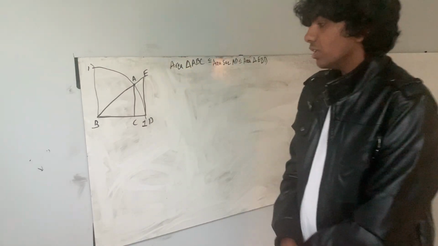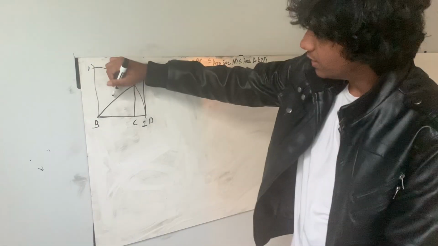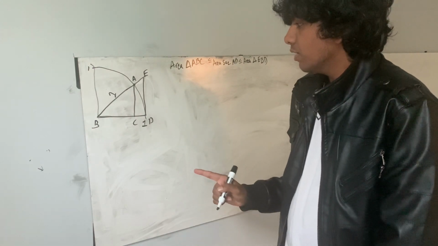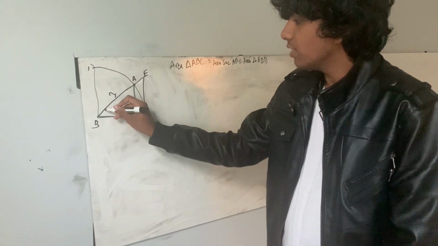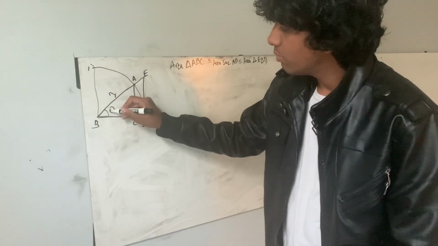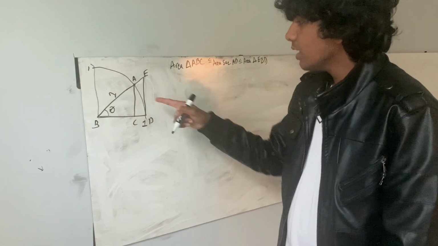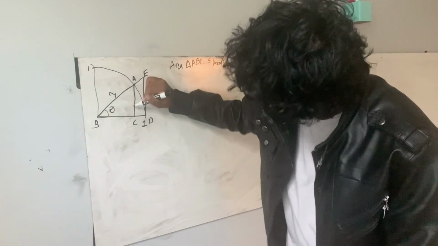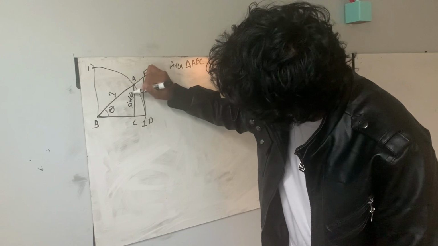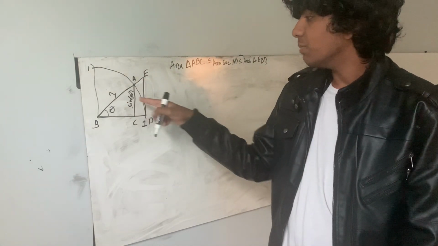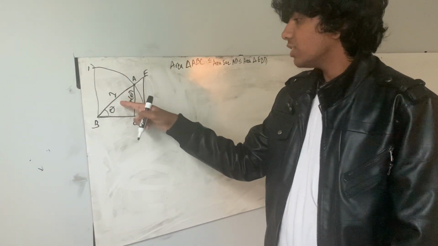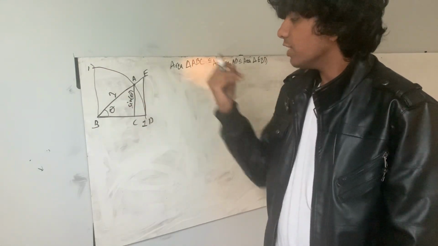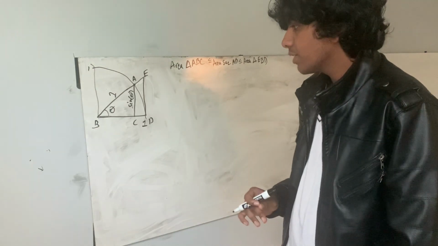Okay, so now let's make some observations. We know the radius of the circle is 1. We know that this side, the length of BD, is 1. Let's call this angle theta. We know that this side over here, because of SOHCAHTOA, is sine theta, because it's the opposite side and the radius is 1, so sine theta.